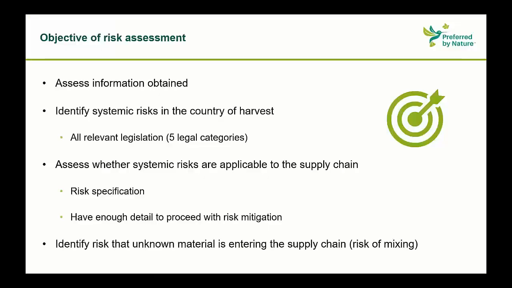What is the objective of this step? Well, first of all, to assess the information you have obtained. And more precisely, the idea is to identify systemic risks in the country of harvest. So we're going to look at the 5 legal categories that constitute relevant legislation according to the regulation, right? On the basis of those 5 legal categories, we're going to assess whether systemic risks are applicable to the supply chain.